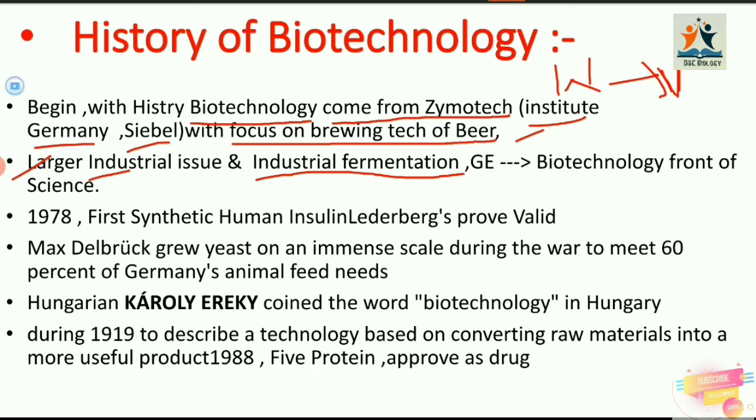But as this field grew, they got support, and during this period the field of genetic engineering came, and then biotechnology actually started to grow. From this the scientists got support of the government and the public.